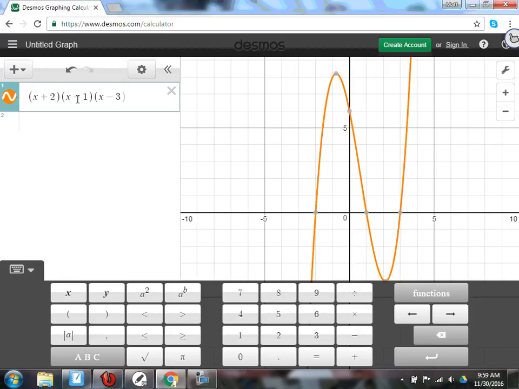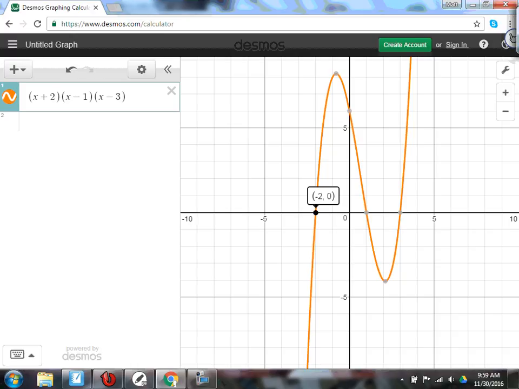Okay, so we did real good with our graph. Notice the x-intercepts of -2, 1, and 3, and the y-intercept of 6. If we had plugged in some values, we could have got a better idea. Also notice the end behavior: the graph is going up on the far right and down on the far left.